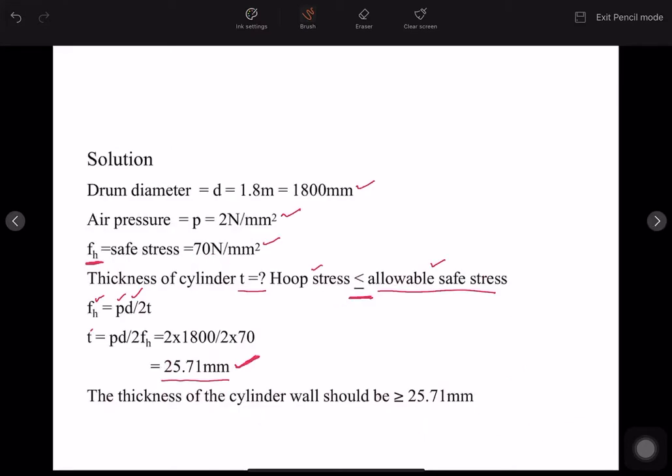If we provide a thickness greater than 25.75 mm, the cylinder will be safe for any stresses or pressures. So ultimately the thickness of the cylinder wall should be greater than or equal to 25.75 mm.